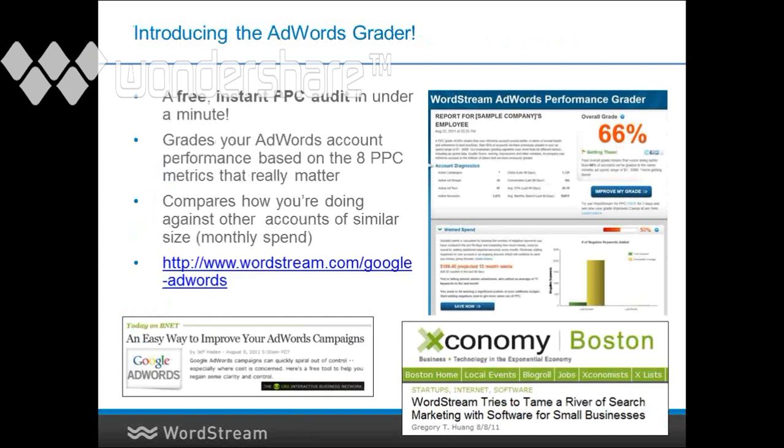It takes about 20 seconds to run, and it'll grade your account against these various key metrics to give you a sense for how you're doing. I think that's really interesting because obviously you know how you're doing, but the question is, is it any good or not? From that perspective, I think that's a pretty interesting tool.